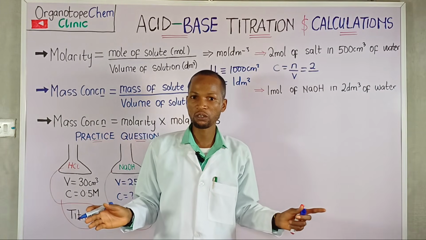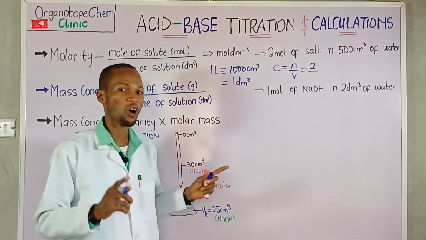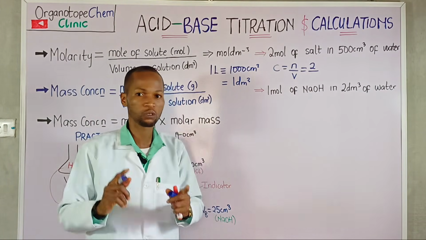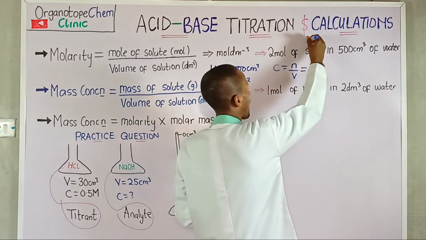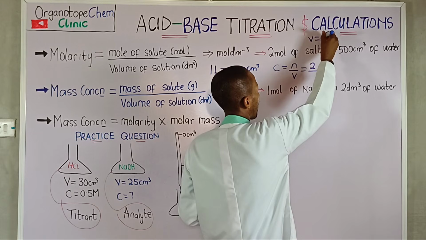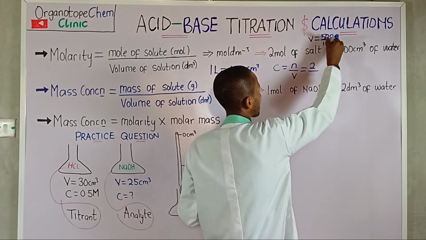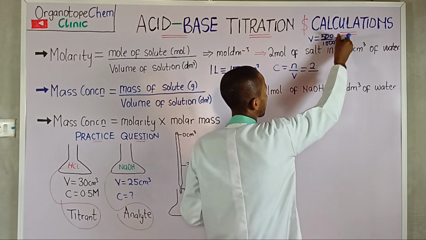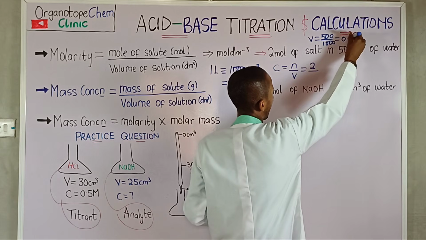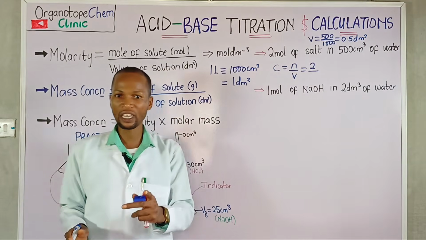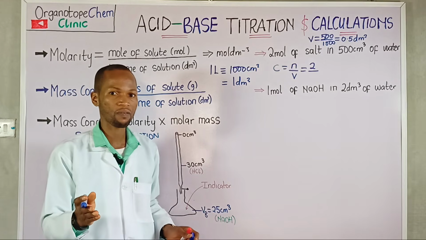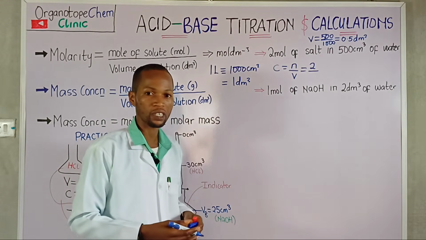What are we expected to do? That's right, we're expected to convert from cm cube to dm cube by doing what? By dividing by 1000. So we have the volume 500 divided by 1000. That will give 0.5 dm cube. Since the volume in dm cube is 0.5, can we introduce it into the operation here?